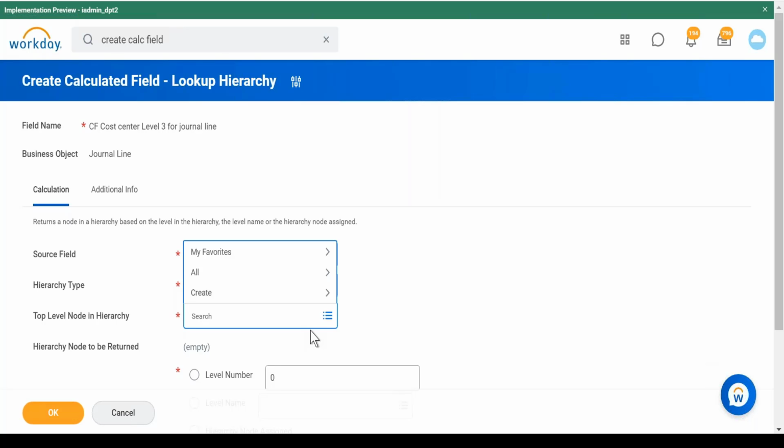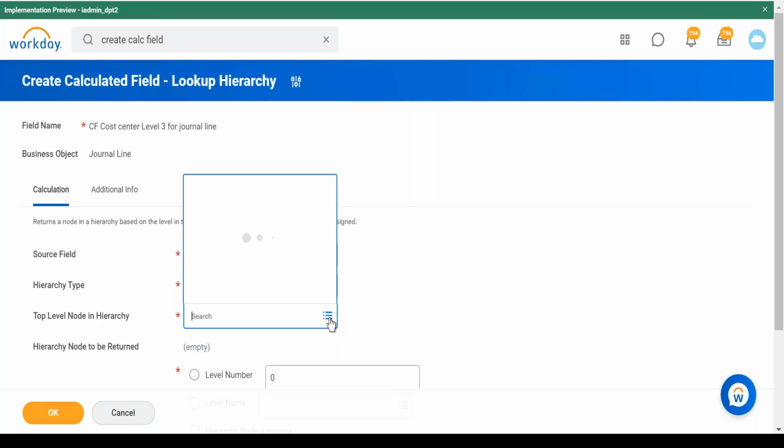So in that situation you have to figure out which particular node you should be using. Here I know that the top level node in this particular tenant is called cost center hierarchy only, under which all the particular details are sitting. So I have to just look for that name, or let me just, oh, that is dealing with worker. Sorry, this is a journal line.